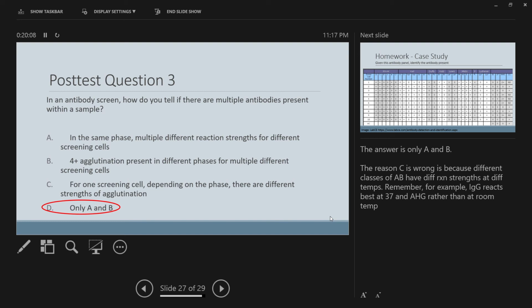So for one screening cell, you will have different strengths of agglutination depending on the temperature. For example, an IgG will maybe be 1 plus or even a 0 at immediate spin, but will be more strongly positive at the AHG phase.